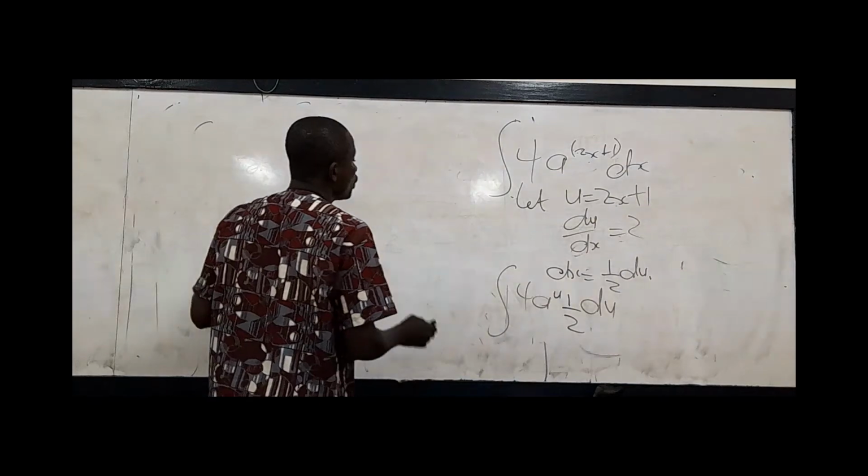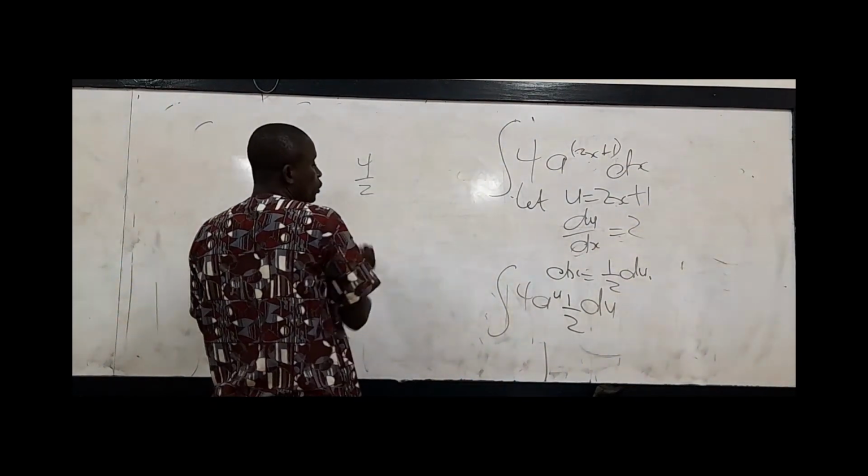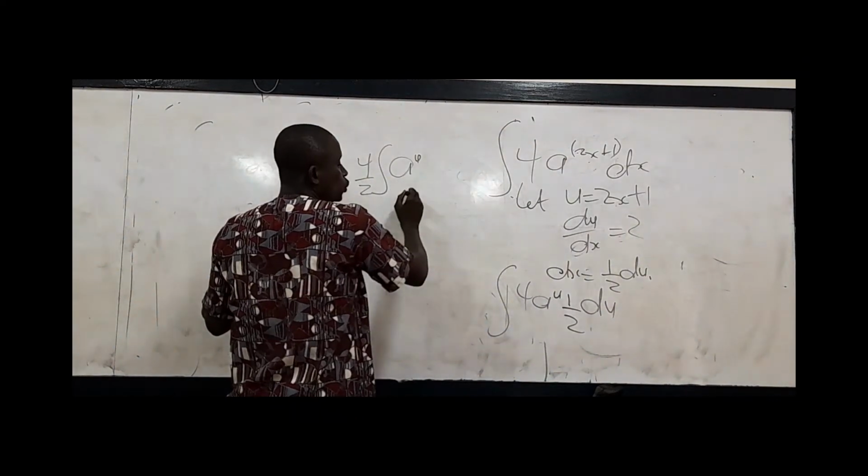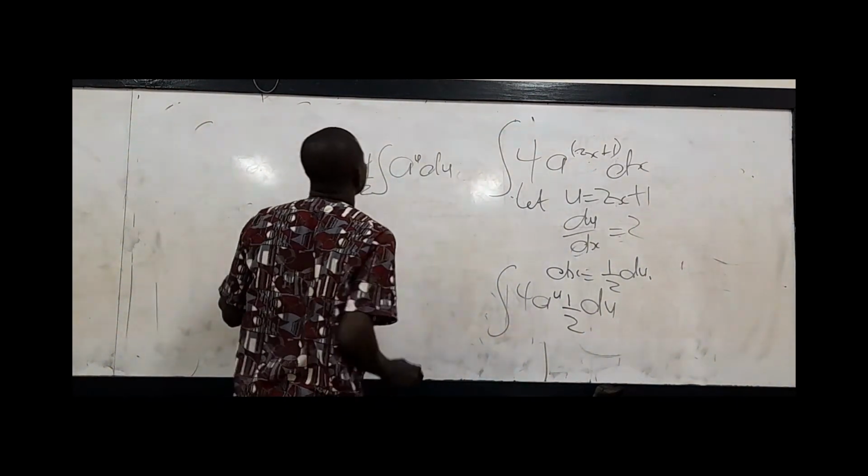So I'll pull the 4 and the 2 out, and it becomes 2 times the integral of a^u du.